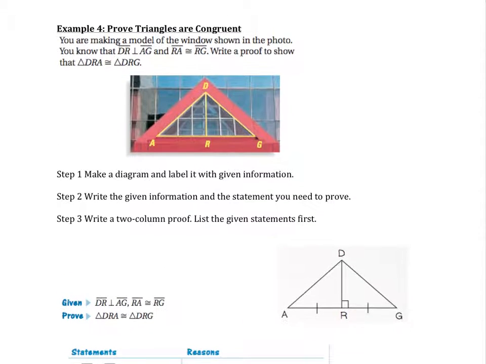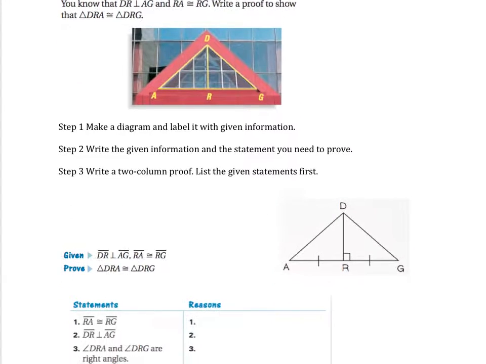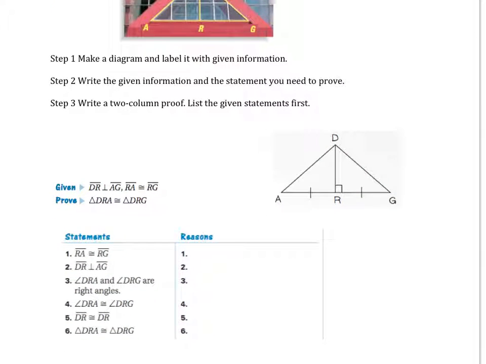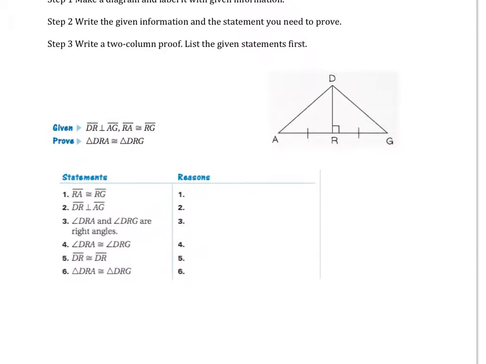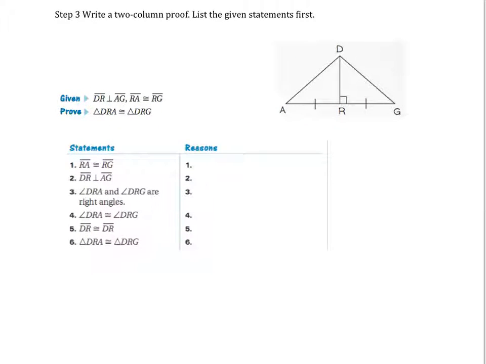But in this problem, we know that DR is perpendicular to AG and RA is congruent to RG. We want to prove that triangles DRA and DRG are congruent. Okay, so there's a little more simple diagram. The given information is listed, and what we're trying to prove is listed.